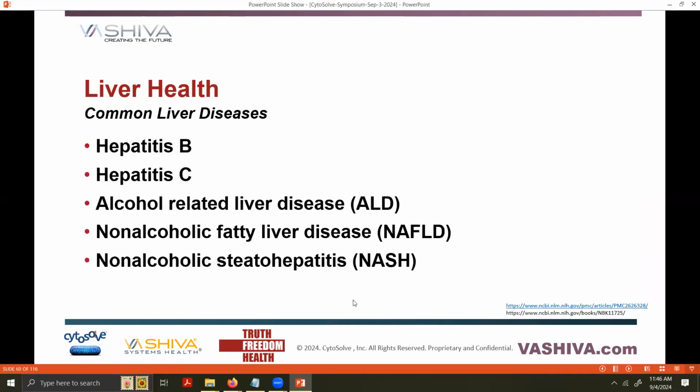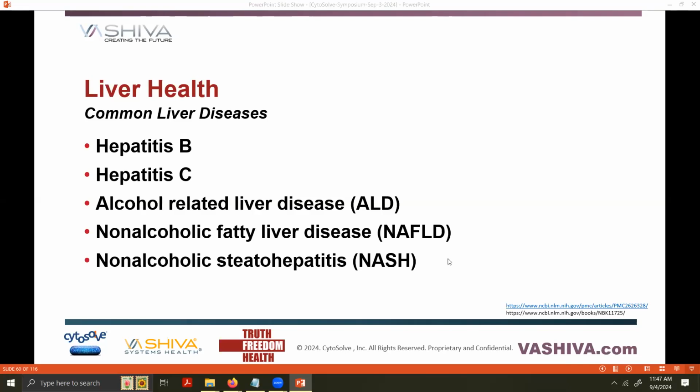Next. So these are the common liver diseases which hamper that detoxification process: hepatitis B, hepatitis C, ALD, known as alcohol-related liver disease, and NAFLD, which is non-alcoholic fatty liver disease. Then there's a big area that pharma is putting a lot of research into recently.